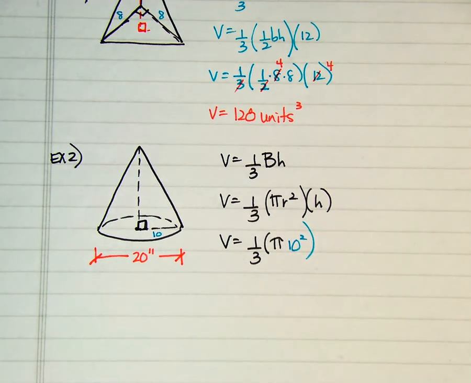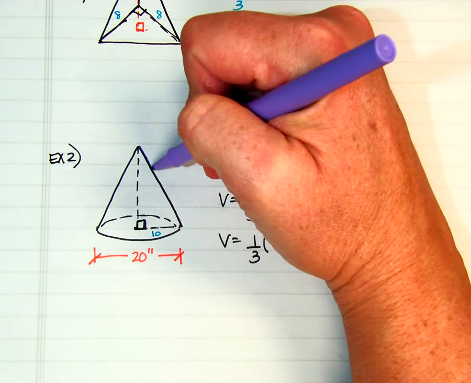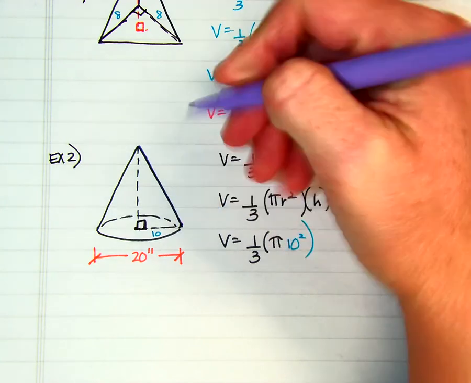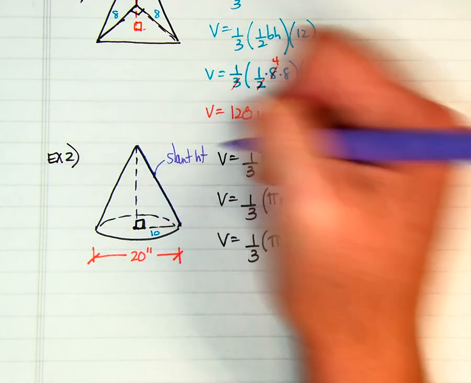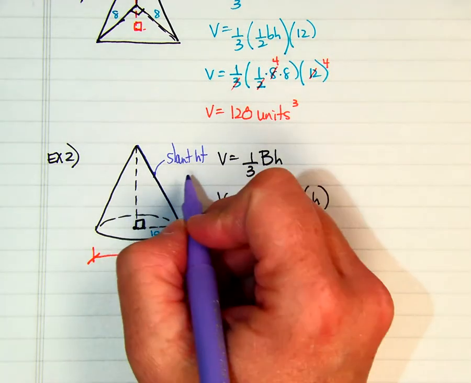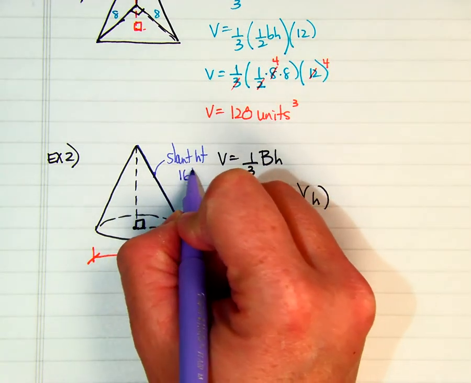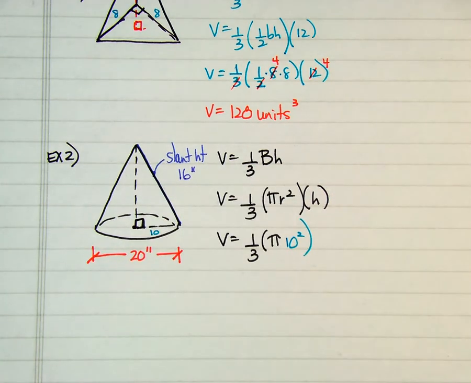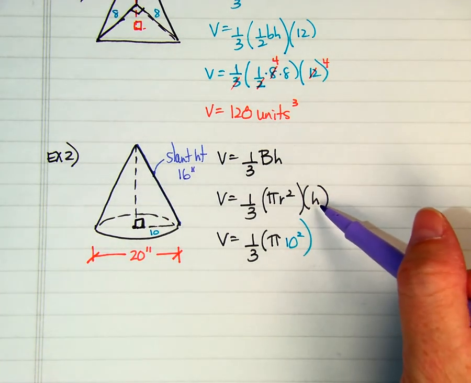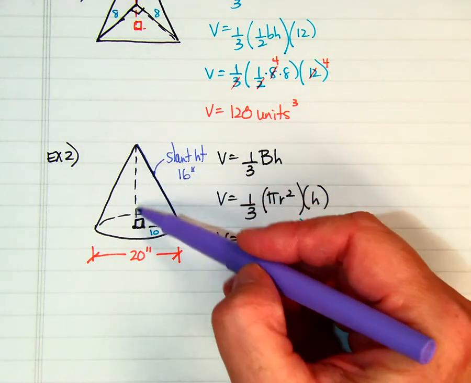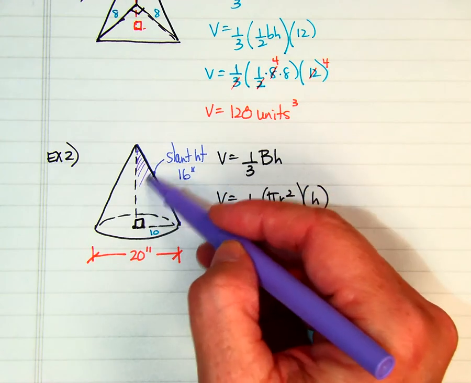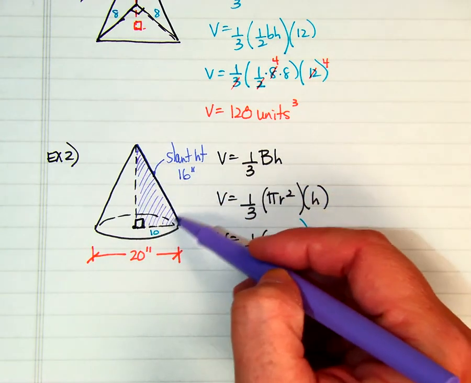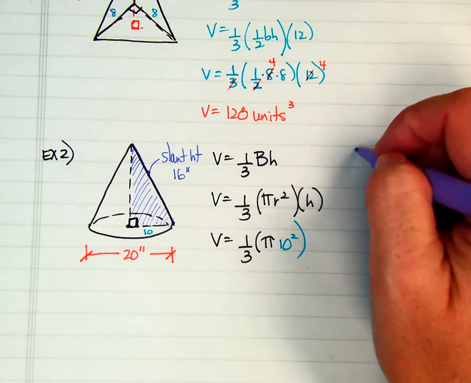And I'm going to introduce this piece. Okay, this is called the slant height. And I'm going to tell you that the slant height is, let's say, 16 inches. Well, in this formula, I don't need the slant height, I need the height. So what I'm going to do is take this little triangle right here and pull it off to the side so that you can see what I'm doing.